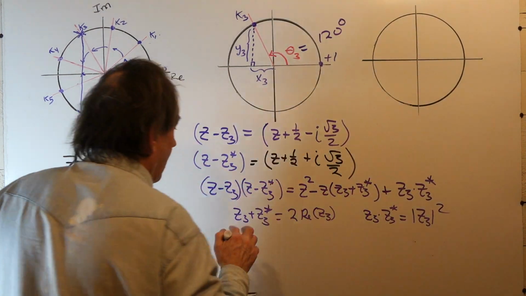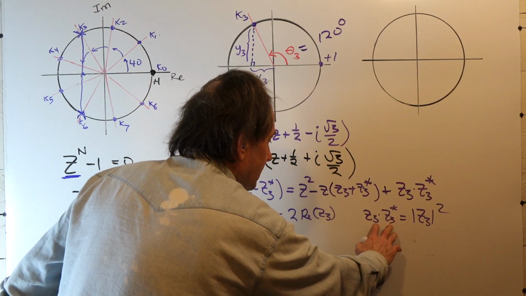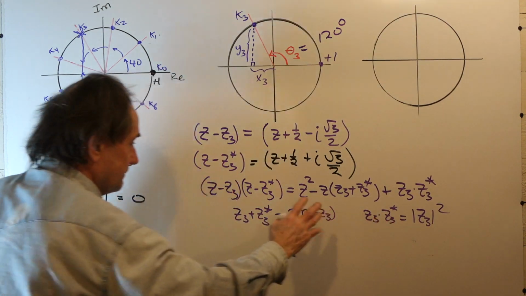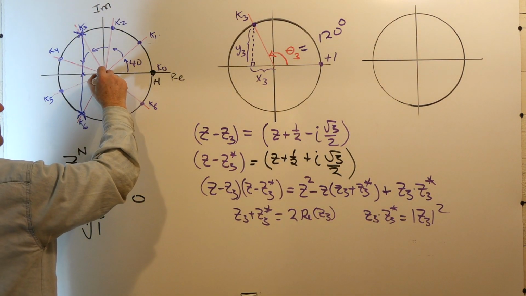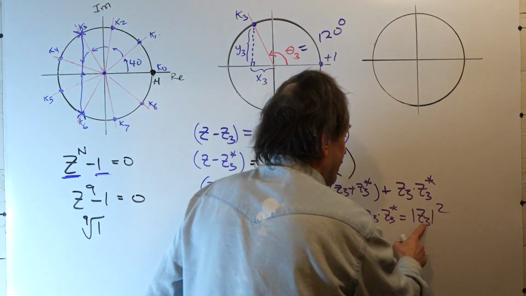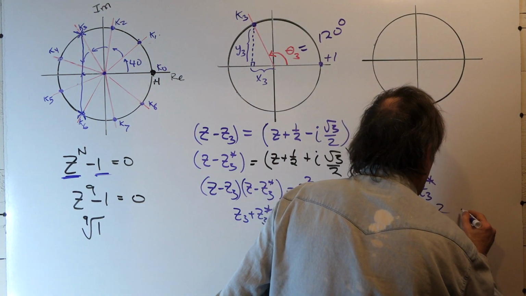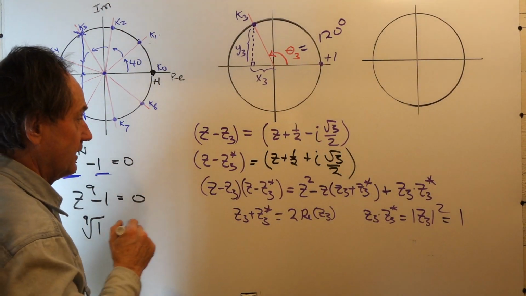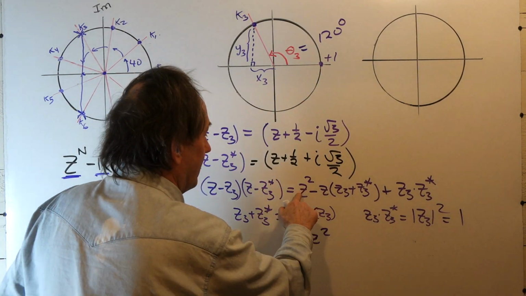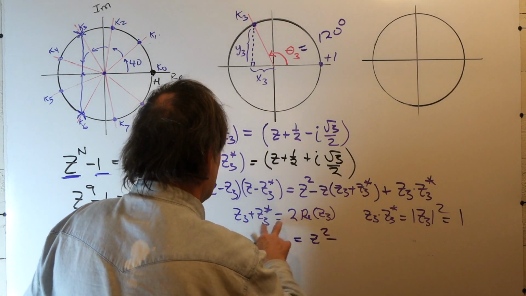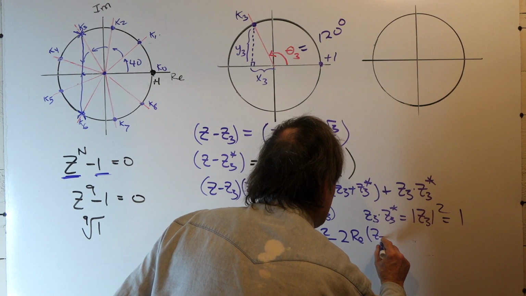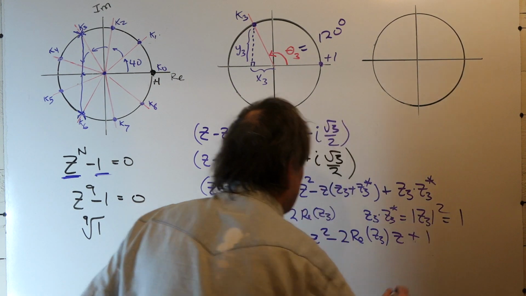Now, all of the roots of unity lie on the unit circle, which means that the magnitude of the roots are all 1. That is, the radius from the center out to the unit circle has a magnitude of 1. So the magnitude of z3 is 1, so the square of it is also 1. So we can put these values in, and we end up with z squared minus twice the real part of z3 times z plus 1.